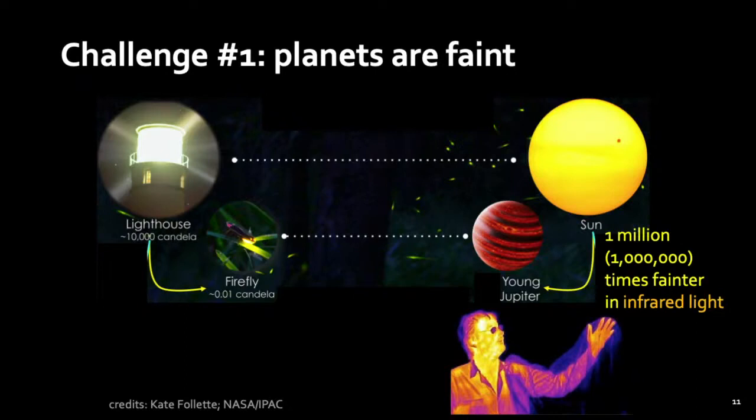So compared to their host stars, those hot young superjupiters are about 1 million times fainter. And if you put that in terms you're a little more used to, at least I'm a little more used to, I can think of a lighthouse next to a firefly. Turns out that ratio is about 1 million to 1 as well. So already you're trying to see a firefly flying around a lighthouse. That's pretty challenging. Now, remember the fact that these are planetary systems that are light years away.